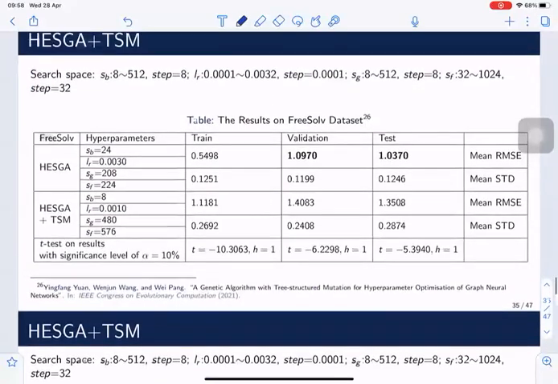The potential reason is that the FreeSolv dataset is the smallest one, and we think on a small dataset, local exploration may be more effective than global exploration.